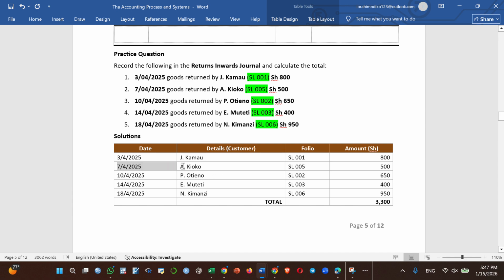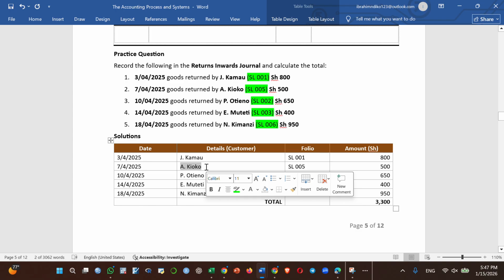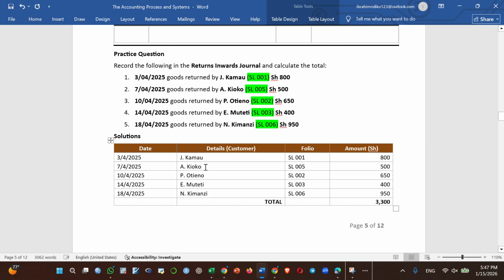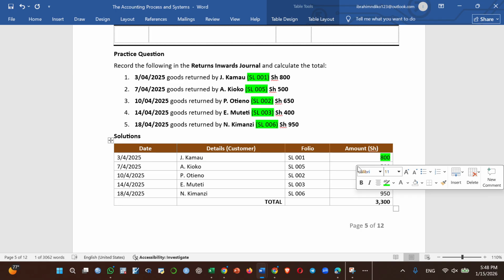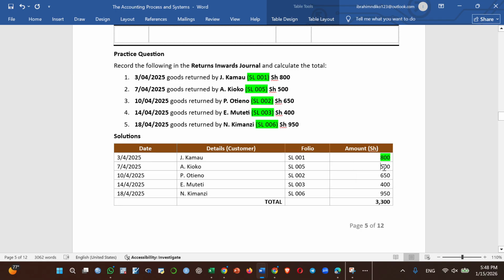So the date is correct. So you make sure you write this the way it is. If it is A. Kyoko, then the account for A. Kyoko will always be A. Kyoko account. Then the number is correct, SL005. Then the amount returned was 500.